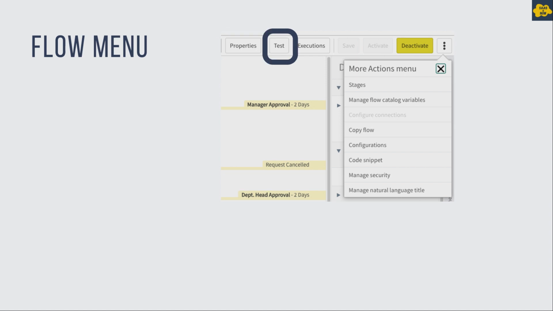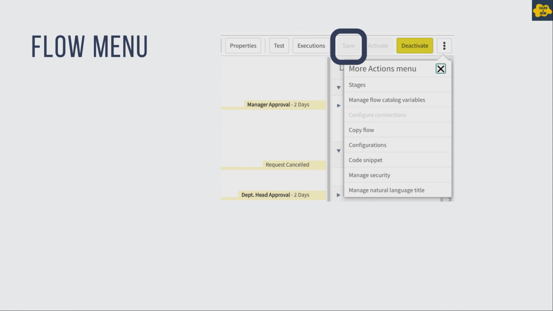Next is test, which is used to perform testing of the flow. Then you have executions. This executions button shows the list of executions for a particular flow. If you have created a flow and click on executions, it will show you all the executions happening for that particular flow.